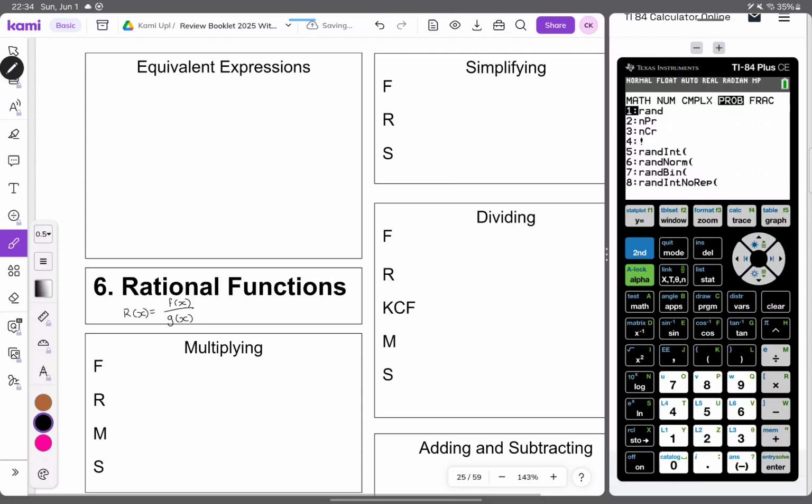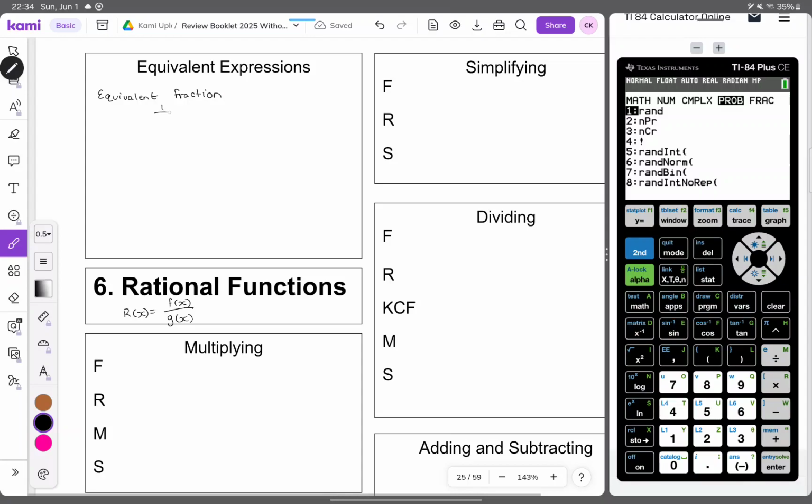All right, so just like we can have an equivalent fraction. If you remember, an equivalent fraction is just when we have the same amount of the cake cut into smaller and smaller pieces.